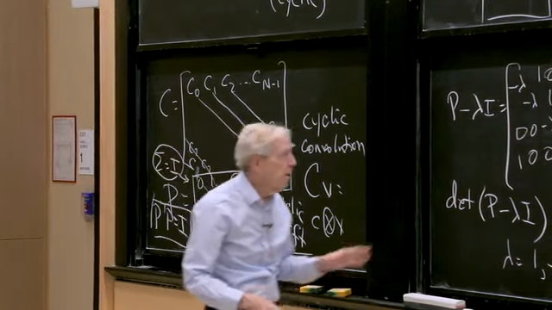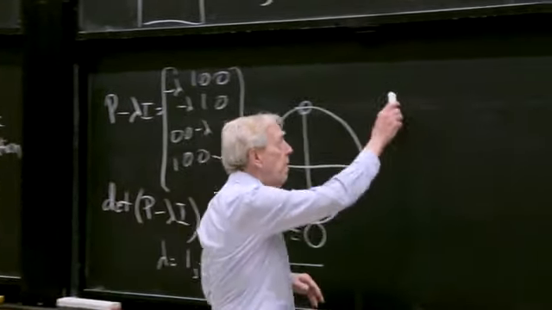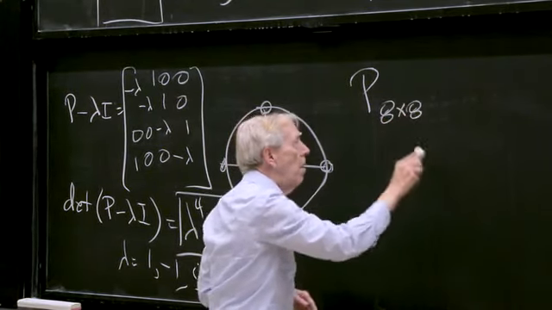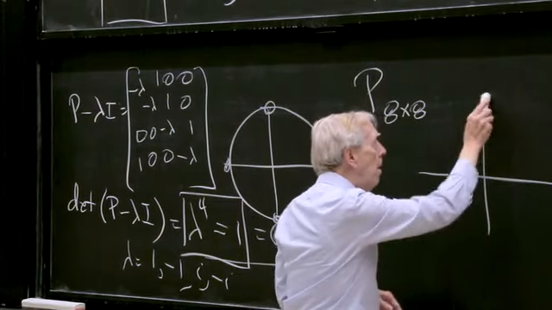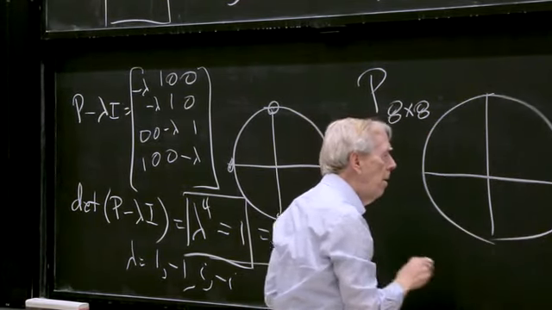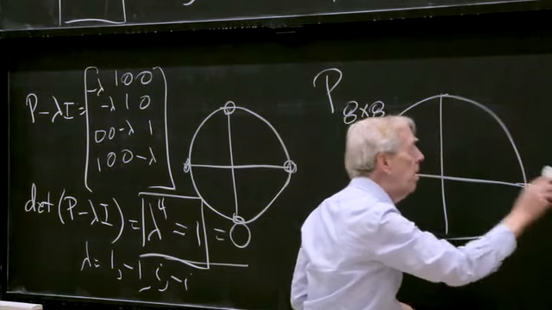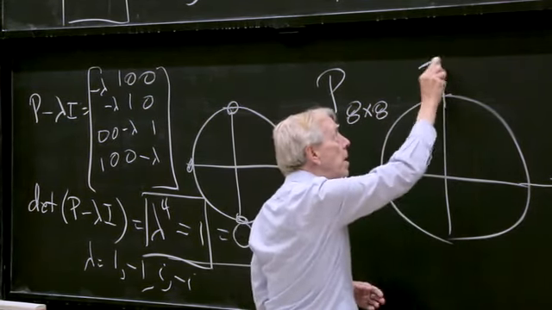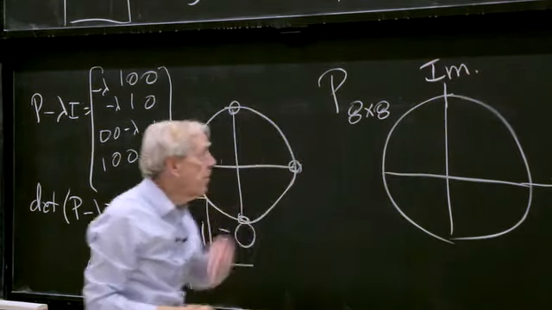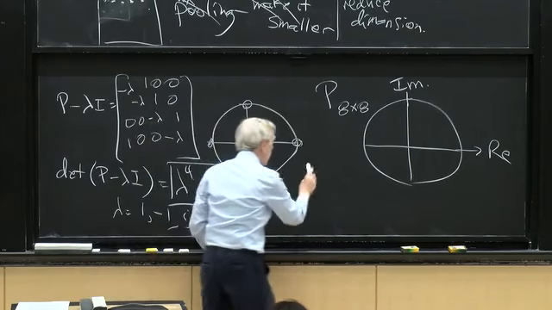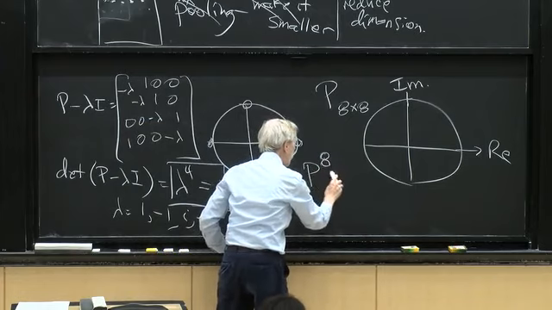So what would be the eigenvalues for the 8 by 8 P? This is the complex plane, of course, real and imaginary. So that's got 8 eigenvalues. P to the 8th power would be the identity.